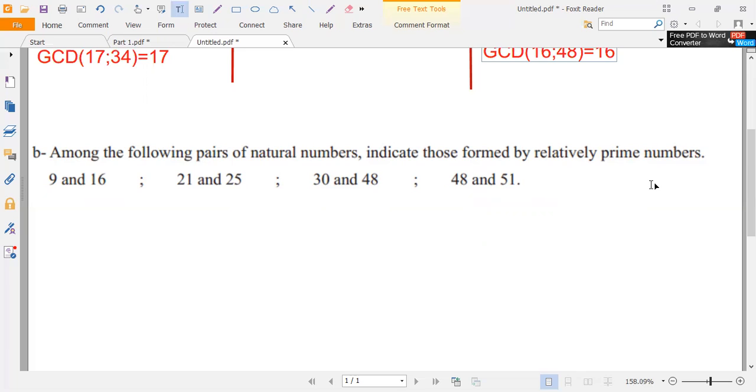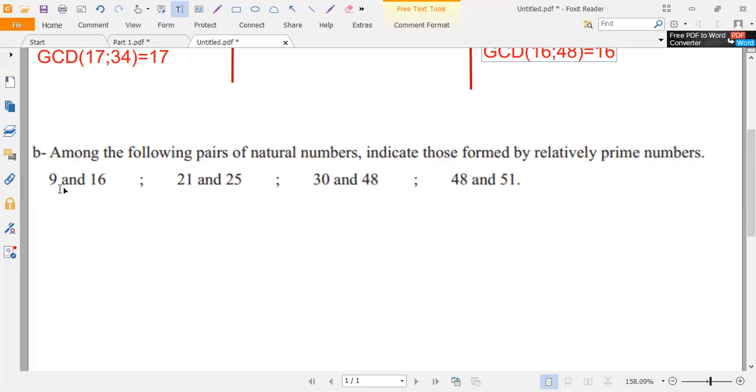If we see directly they have a common divisor, we say directly they are not relatively prime, because relatively prime means the GCD is equal to 1, and it means that they have no common divisors other than 1.